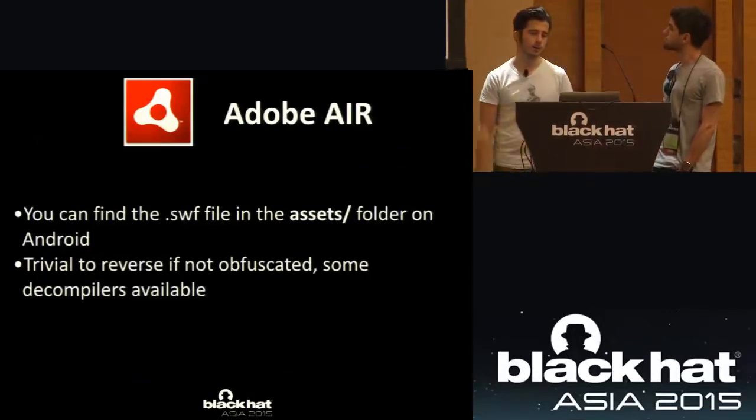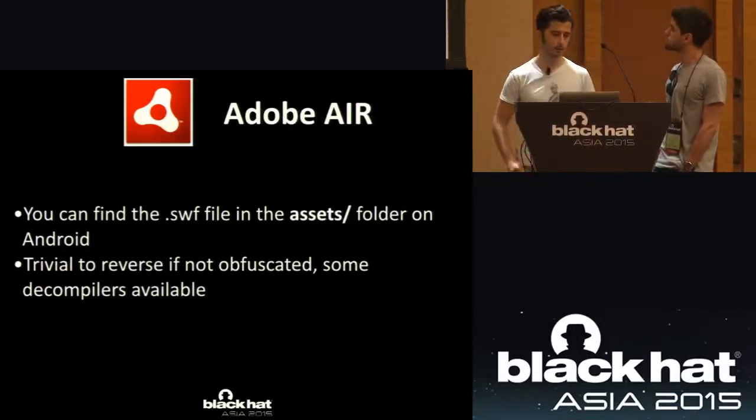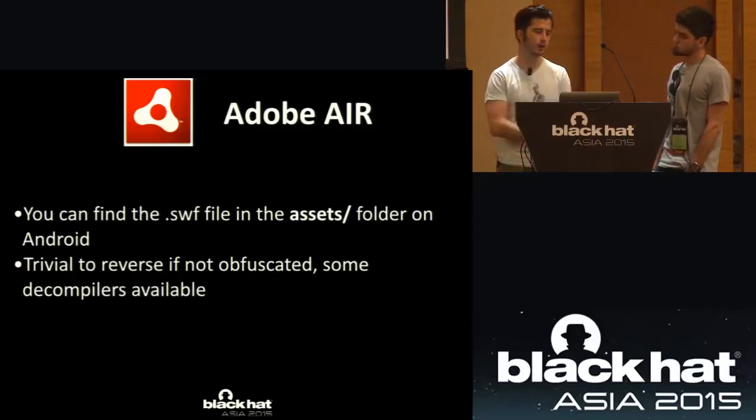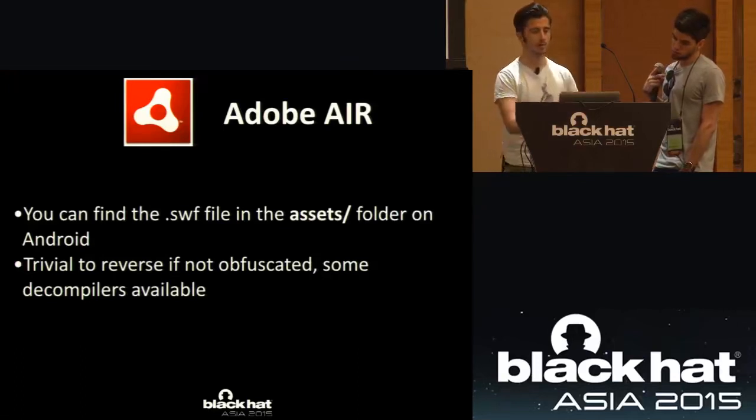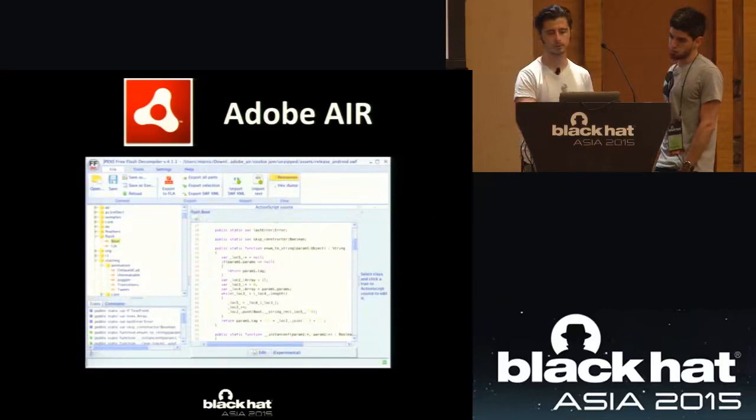And Adobe Air, which is very famous, like we said, they are storing the code in an SWF file inside the assets folder on Android. And it's trivial as well to reverse, like the Unity one, because a lot of decompilers are available for Flash. So you can just start reversing from here as well.